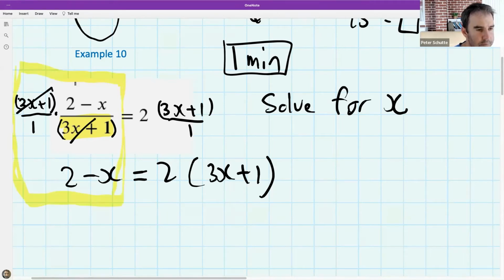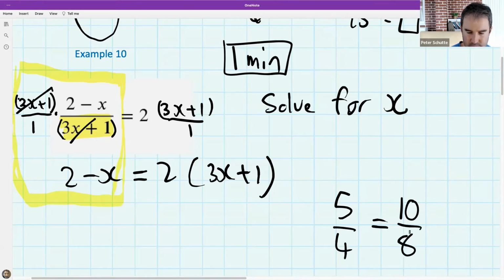Yes, sir. Okay. So basically, at the beginning, I recognized that the 3x plus 1 was the problem. If you think about dividing by something, say 5 over 4 equals, let's say, 10 over 8.